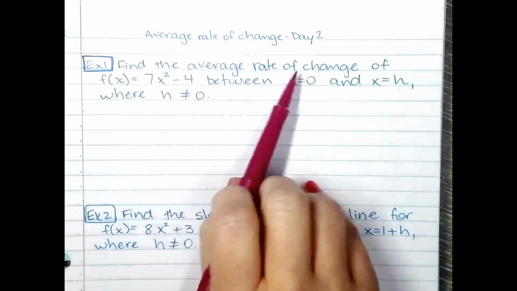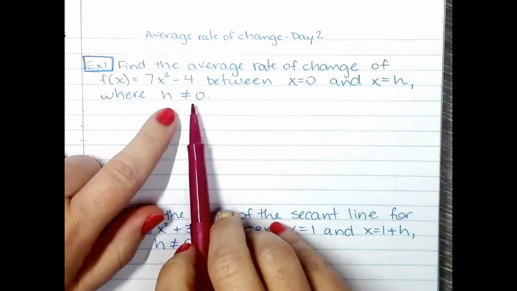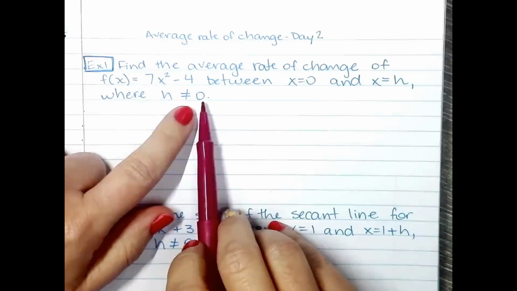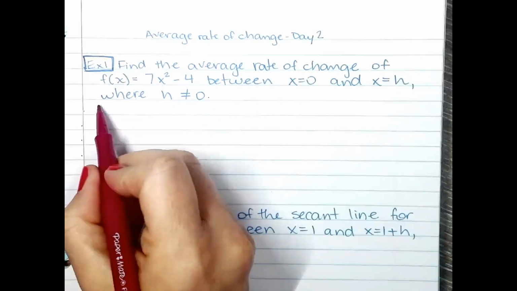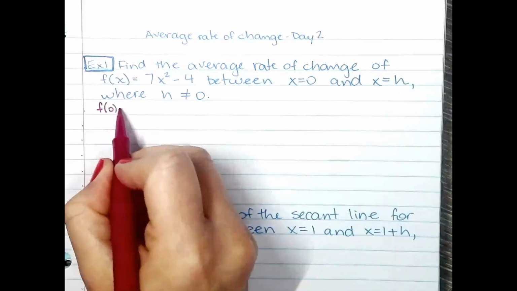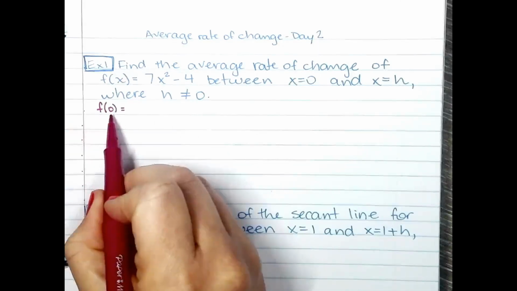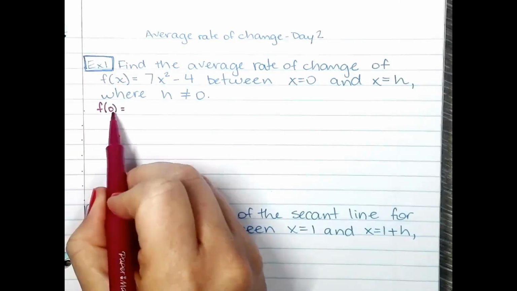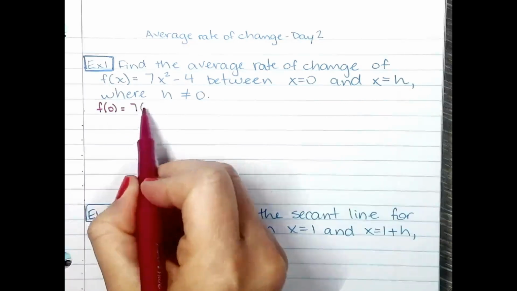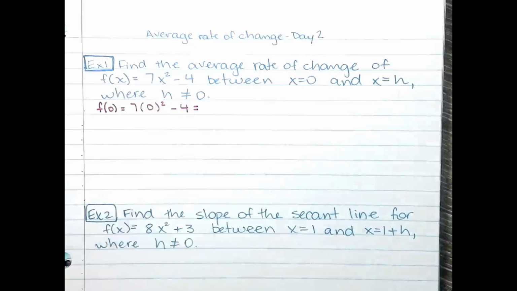Okay, so find the average rate of change of the function between this and that, as long as h is not 0. Okay, so I will find first f of 0, because I know I'm going to need it. Remember that f of 0 means, hey, what is y when x is 0? So the only thing I have to do is substitute 0 for x and plug that in.